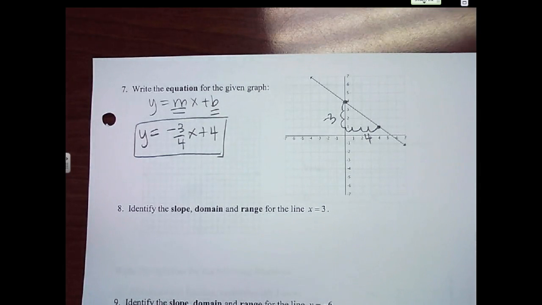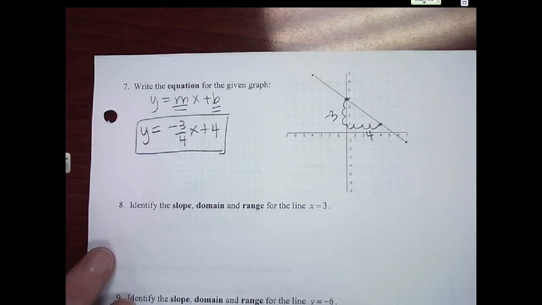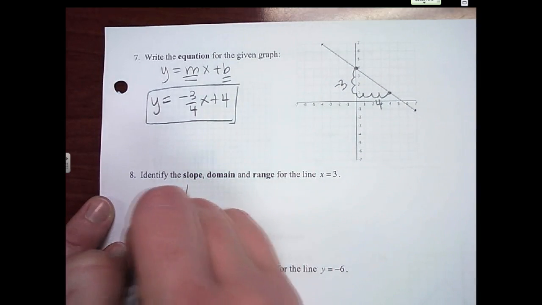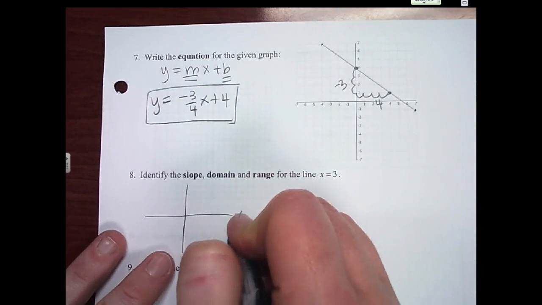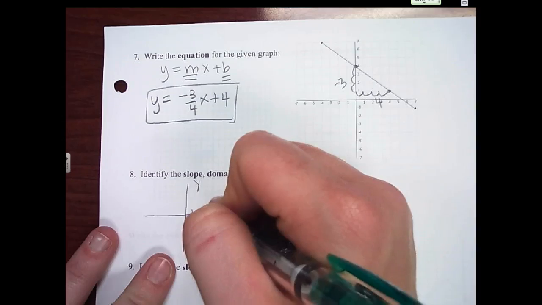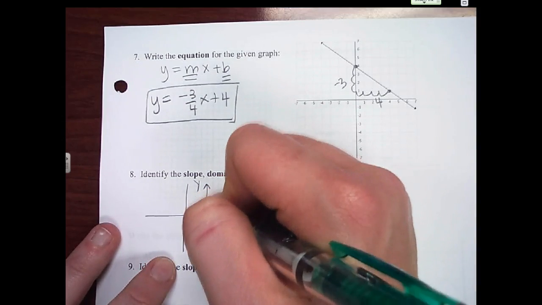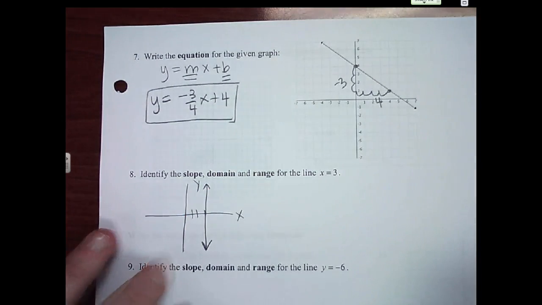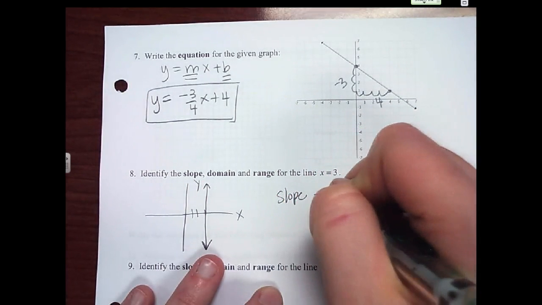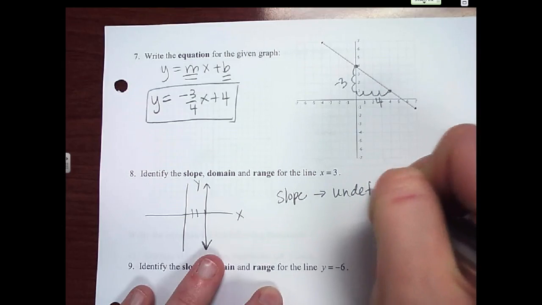Okay, number 8. Identify the slope, the domain, and the range for the line x equals 3. So let's look at x equals 3. Here's my x-axis and here's my y. Since it says x equals, that goes through the x-axis at 3. So there's my line. Okay, so this is a vertical line. The slope of a vertical line is undefined.